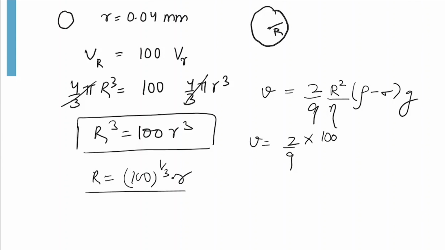So this is 2 by 9, and this is R square, eta, rho minus sigma times g.